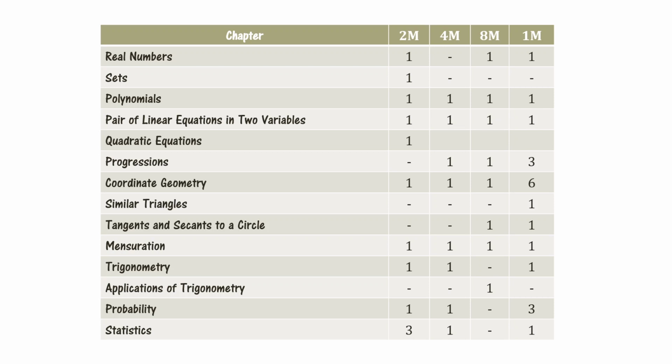It doesn't mean that you have to skip those chapters, but what I say is, if they follow exactly this pattern, there is a chance that you will get a lower number of marks from these chapters. But it is not guaranteed that they'll stick to this particular distribution. In the final paper, the distribution can vary slightly so that questions can come from all the chapters. So it is better to learn all the chapters.